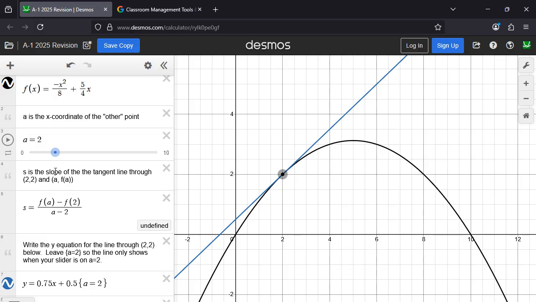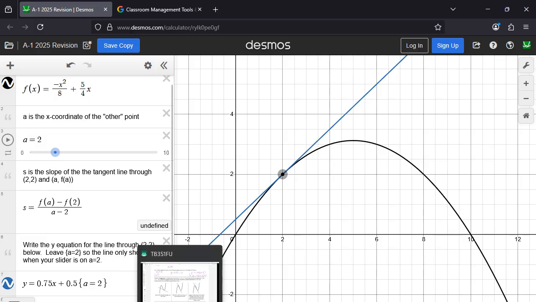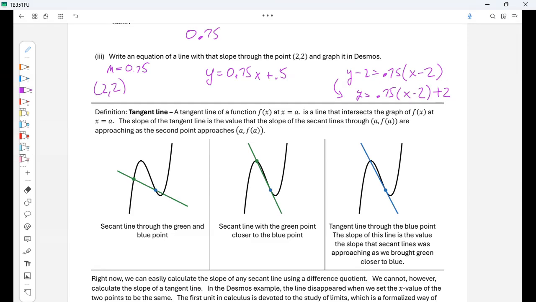That's the thing that we're going to spend the first several months of class learning about, and how we can get that number without just guessing, hey, it sure feels like it's 0.75, things like that. So the main idea really is that the stuff you have the tools to do now is find the slope of secant lines.